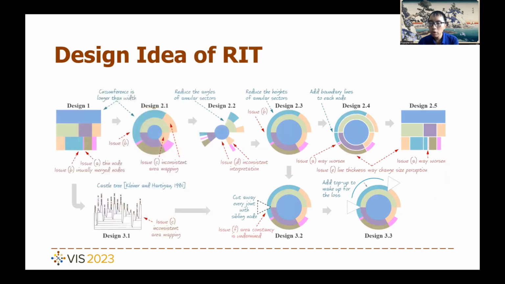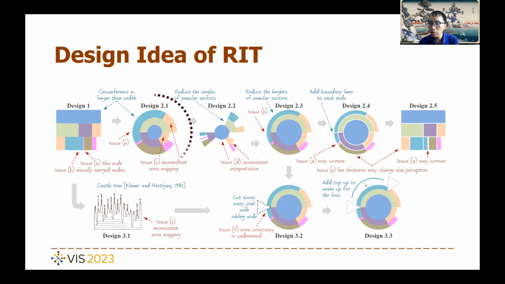In this slide, we briefly introduce the major designs considered in our design process. To solve the thin node issue, we try to transform the plot to polar coordinates to gain more space, as the circumference is longer than the width.